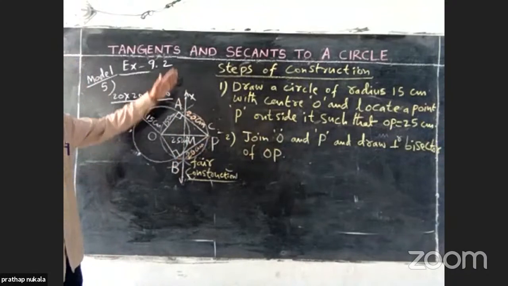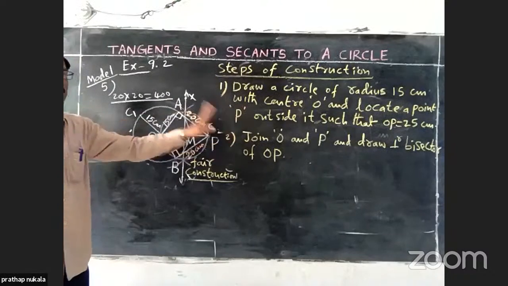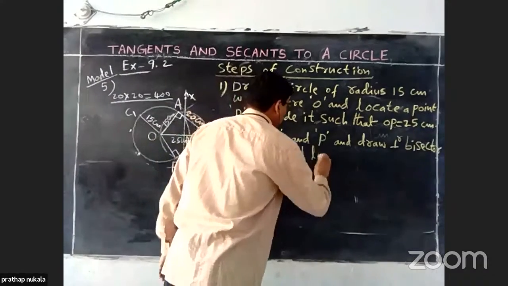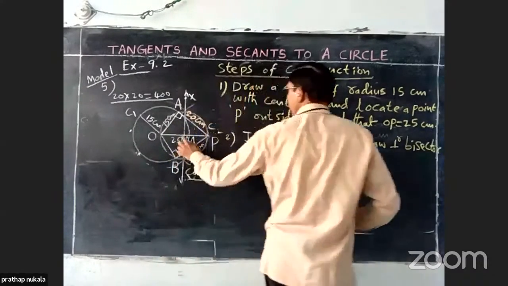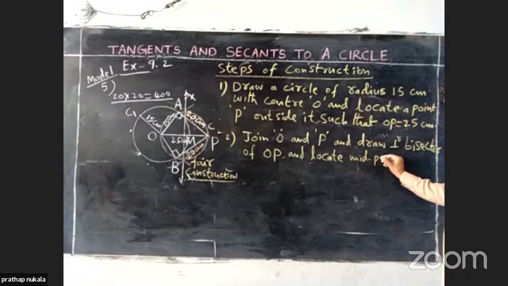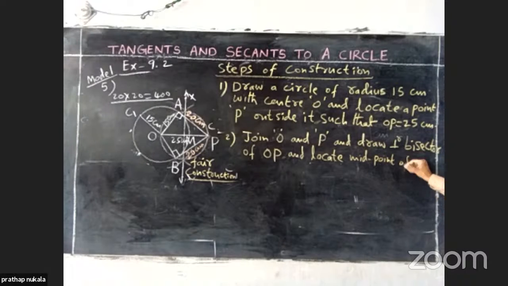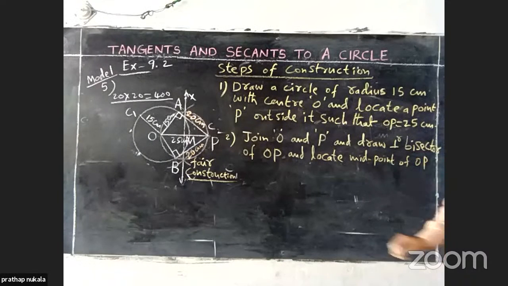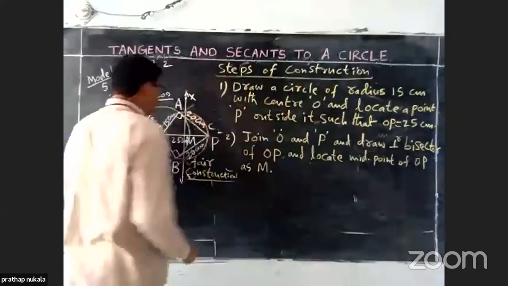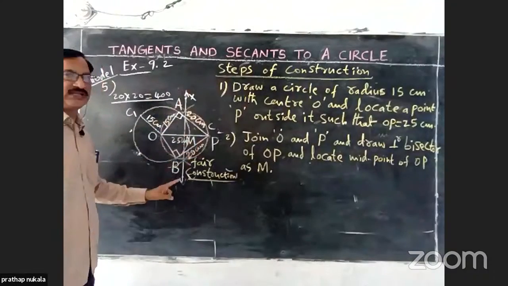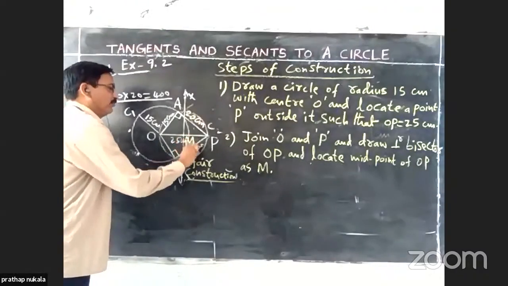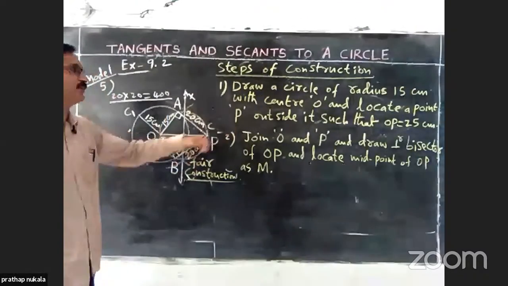No need for the procedure, just write: draw the perpendicular bisector of OP and locate the midpoint of OP as M. Okay, join OP, draw the perpendicular bisector and locate the midpoint as M. That is the second step.